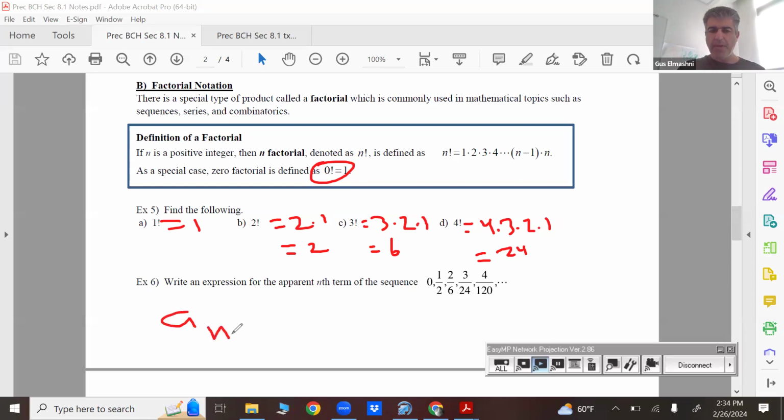If I write an expression, I'd probably say a sub n equals, let me think here, start with n equals 0. And a sub 0, yeah, we'll just say that. Well, so yeah, you would have n over n factorial, exactly right.